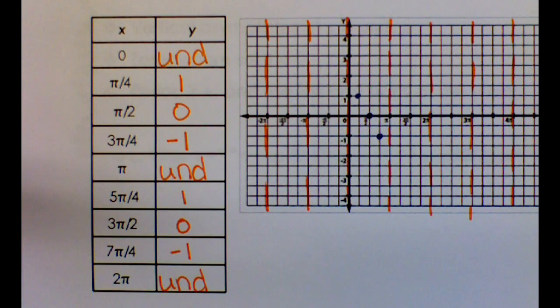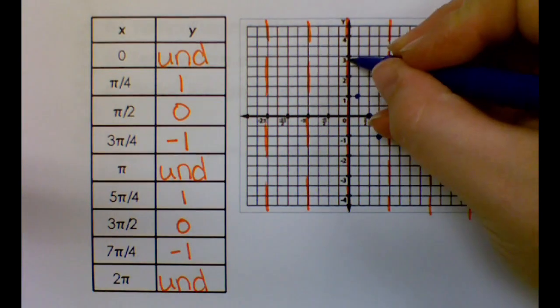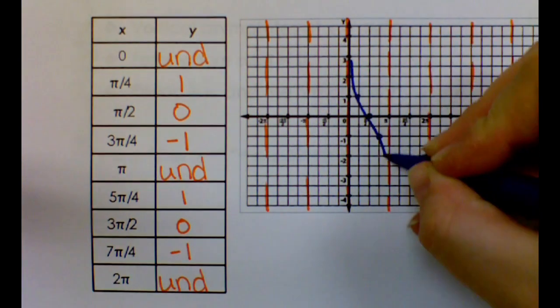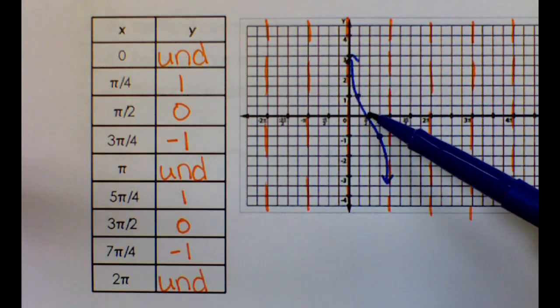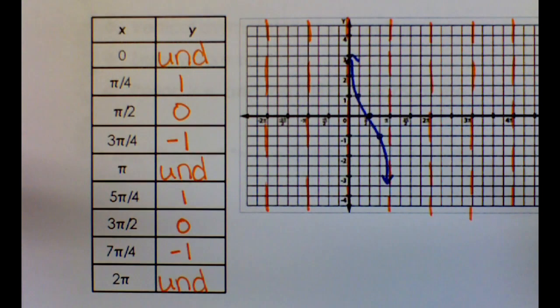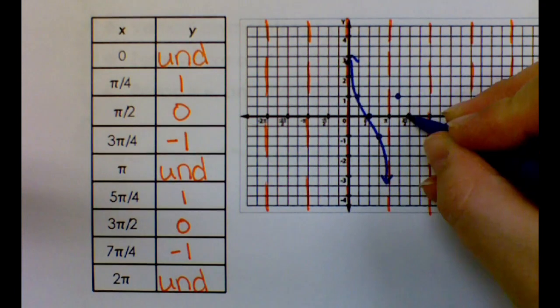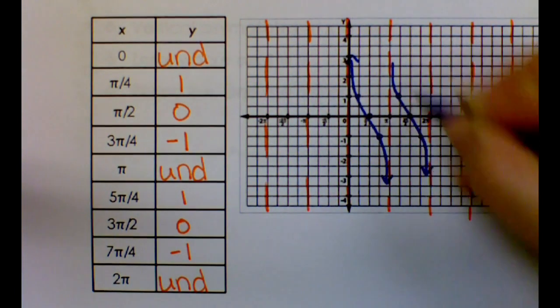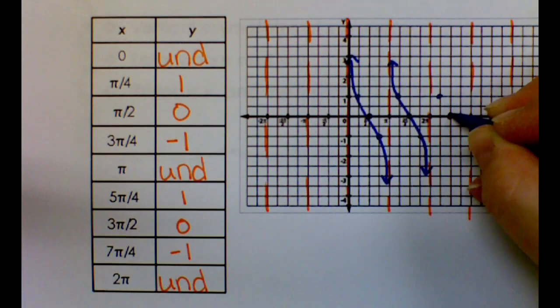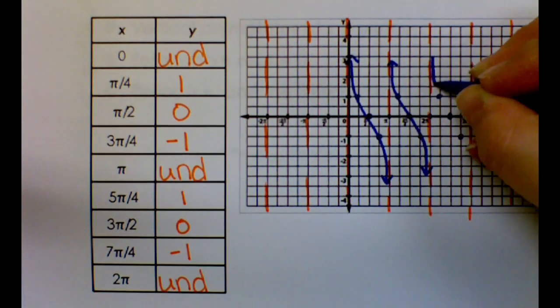This is very similar to the graph of tangent, but it is kind of scooted over and flipped upside down. Remember that we get really close to the asymptotes on either side. Make sure you go through those 3 important points, and make sure you have arrows on it. Make sure you don't cross your asymptotes. Lots of little things to be careful about here. But in between every set of asymptotes, we follow this same pattern.